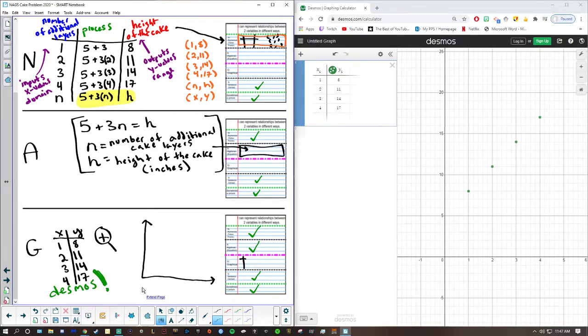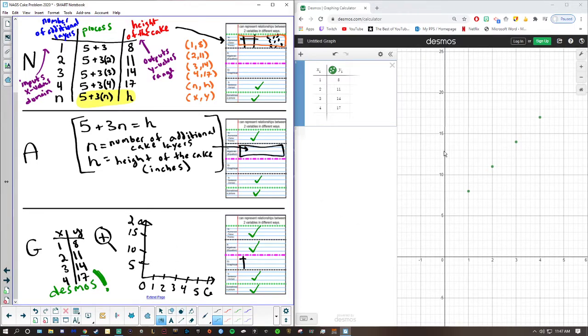So we have 0, 1, 2, 3, 4, 5, 6. And I'm going to copy the y-axis down exactly how it looks: 5, 10, 15, and 20. So I've copied down my table so it looks just like the one I see over here.